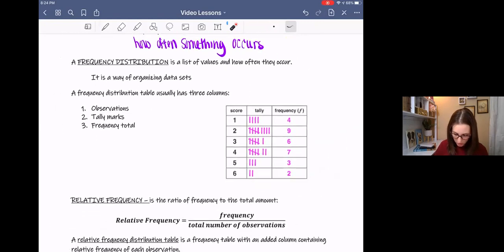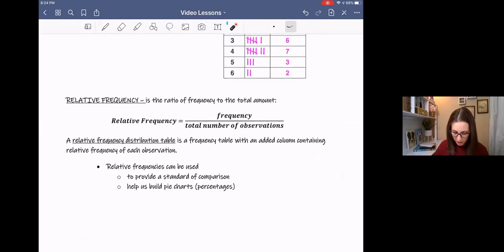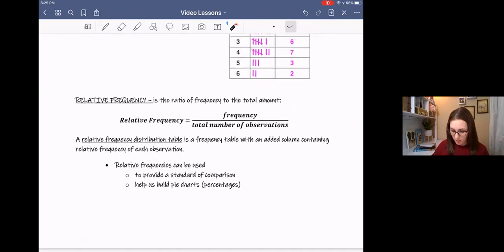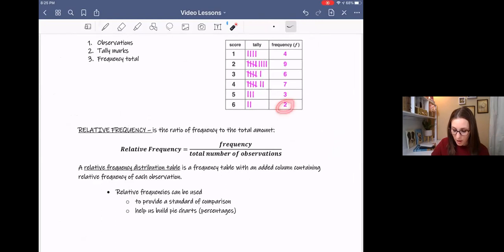Very straightforward. You might also see from that a relative frequency, or RF. This is the ratio of the frequency to the total amount. You're basically seeing what proportion this value is of all the values. So you take the frequency, for example here, and divide it by the total number of items.